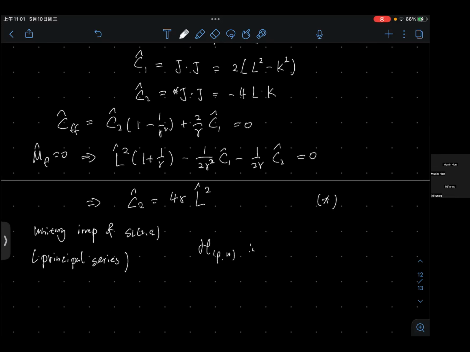So the Hilbert space, which I call H_rho,N, is an infinite dimensional Hilbert space, and the representation is labeled by two parameters: rho is a real parameter, and N is a positive integer or 0.